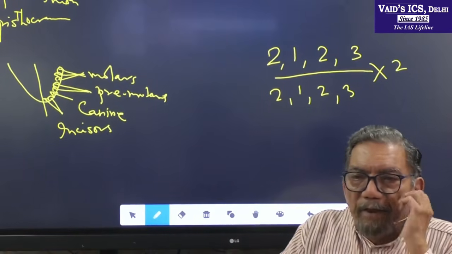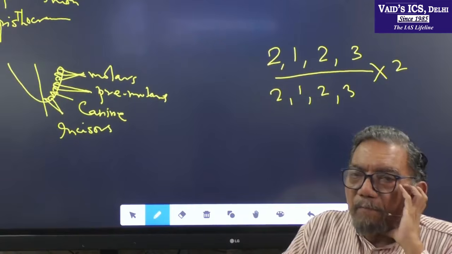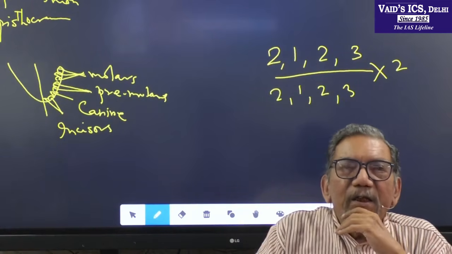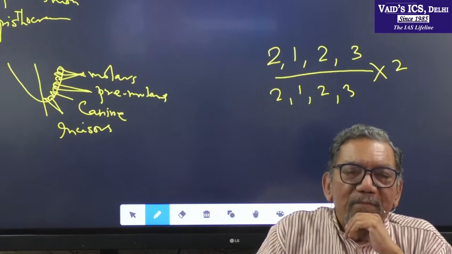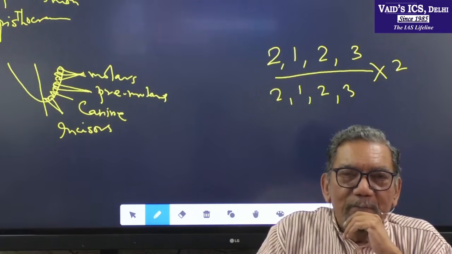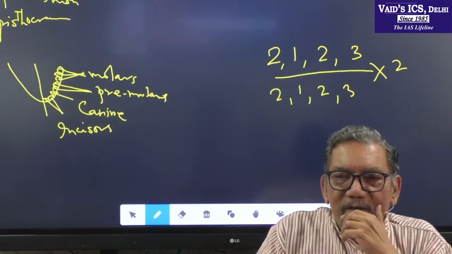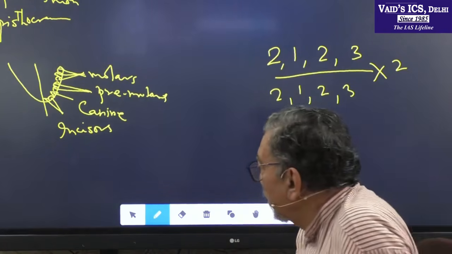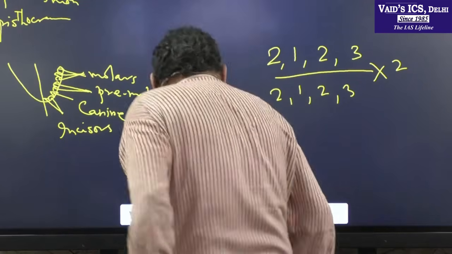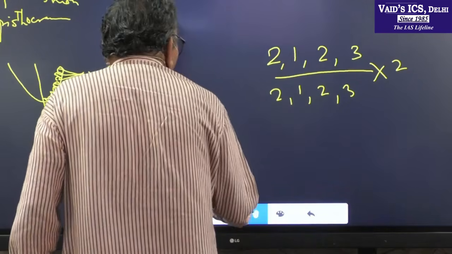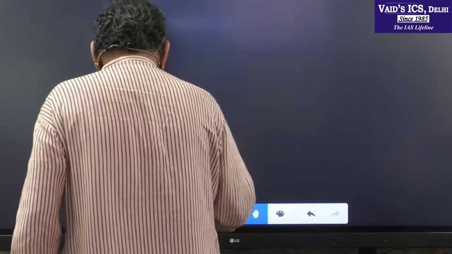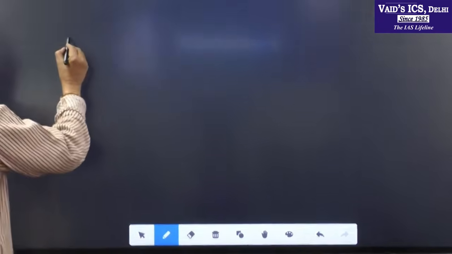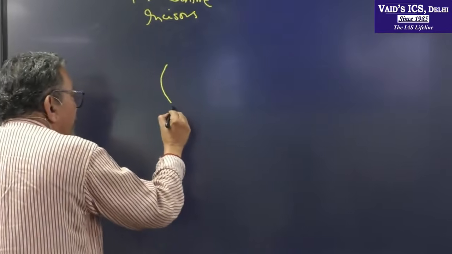How many bones are there in vertebral column? 33 vertebrae, 26 bones. We'll count how it is like that. Here, firstly, our vertebral column is elongated, double S shaped.